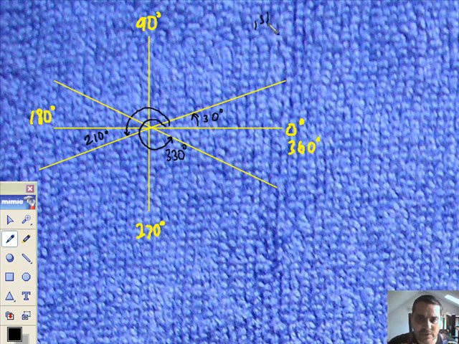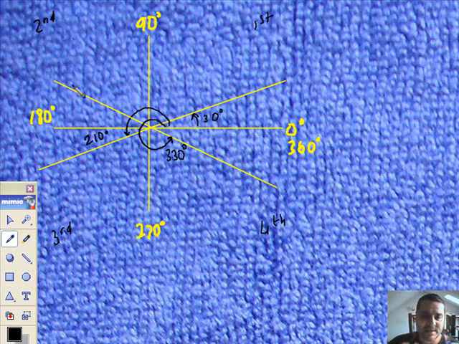So here's the first quadrant, here's the second quadrant. Again, this is all background knowledge. This is the third quadrant, and here the fourth quadrant. Even the angle of 330 degrees is related to the angle of 30 degrees. If I go this way around in the clockwise direction, that will be called minus 30 degrees, and minus 30 degrees is exactly the same as a positive 330 degrees going anti-clockwise.